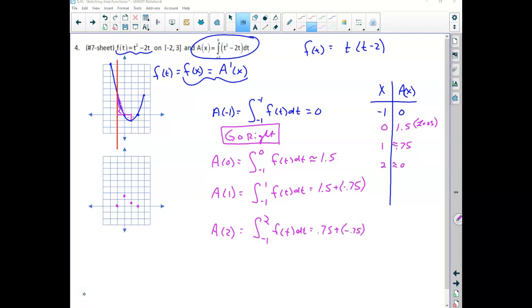We're just going to say we're approximately, I don't know if I'm above or below. I could be positive, I could be negative. I don't know exactly what it is. I'm just ballparking it here. And so we're going to say 3. And when you do this on the AP, they're not going to give you hard ones like this. This is just extension here, negative 1 to 3 of f of t dt.